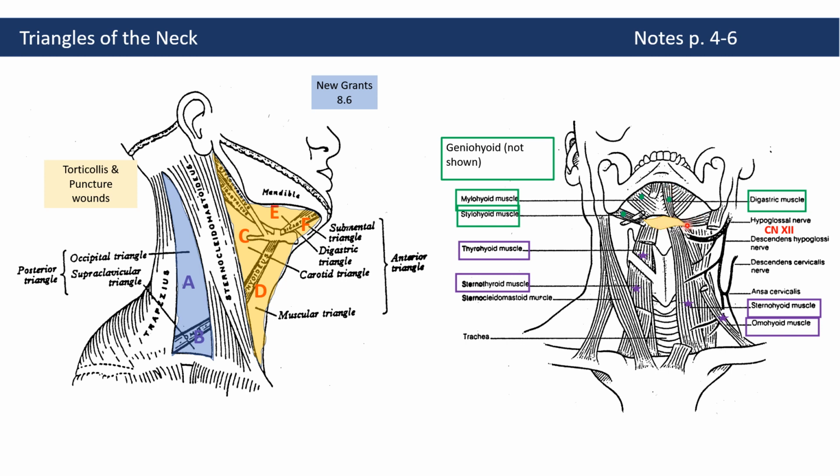Suprahyoid meaning above the hyoid bone, which I've shown here. So the digastric muscle, anterior and posterior bellies, the mylohyoid muscle, and the stylohyoid muscle are all shown on this picture. And there's one additional muscle that's not shown, which is the geniohyoid. And so you'll see that in later slides.